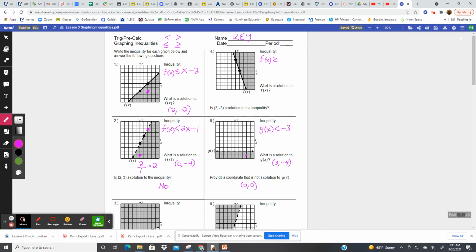M is going down 1, 2, 3. So down 3, which is negative 3. And then right 1 is positive 1, which of course reduces to negative 3. So that is negative 3x. And then my y-intercept is 1, 2, 3, so plus 3.